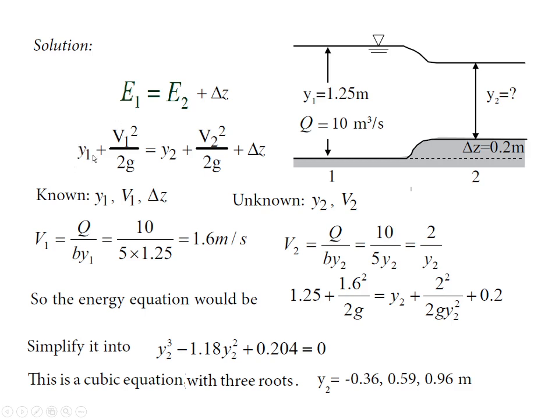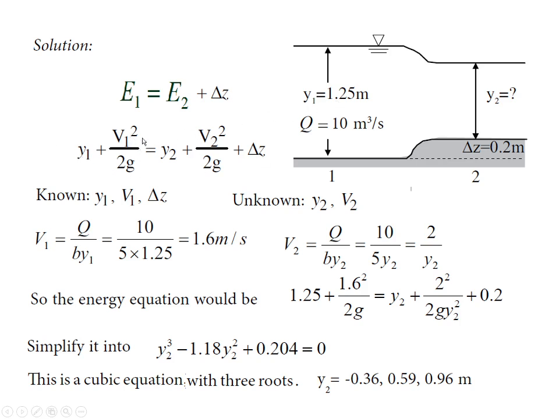Therefore, E1 equals y1 plus V1 squared over 2g, and similarly E2 equals y2 plus V2 squared over 2g, plus delta Z. So what are the known and unknown parameters in this equation? Y1 is at hand from the question.